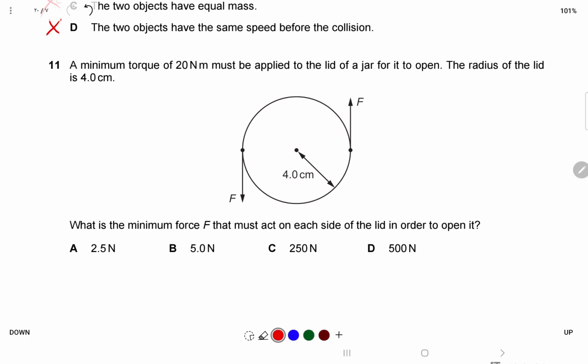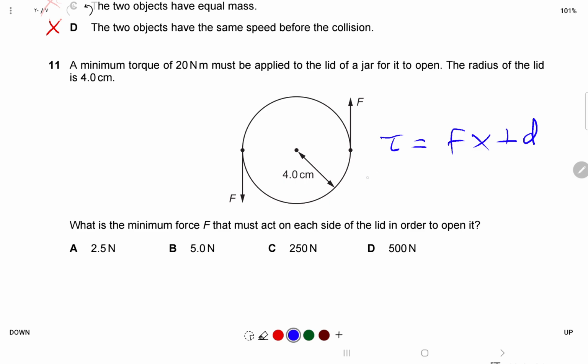Question 11. A minimum torque of 20 newton meters must be applied to the lid of a jar for it to open. The radius of the lid is 4 centimeters. What's the minimum force that must act on each side of the lid in order to open it? Now we know the torque. The torque is equal to force times perpendicular distance from the pivot.